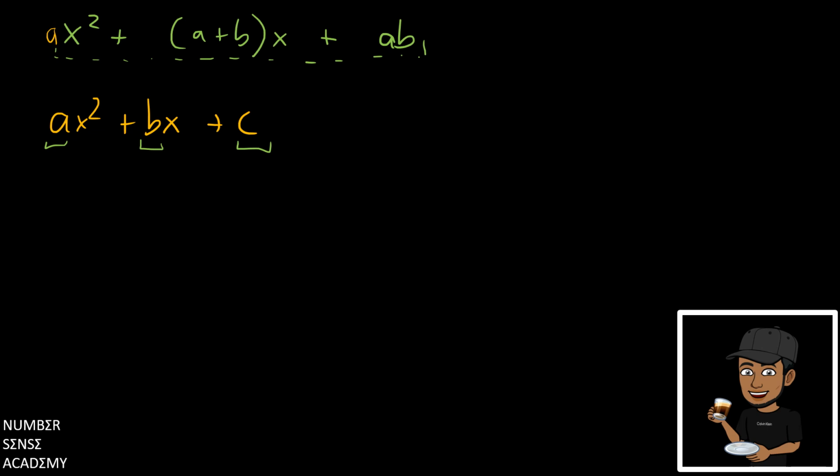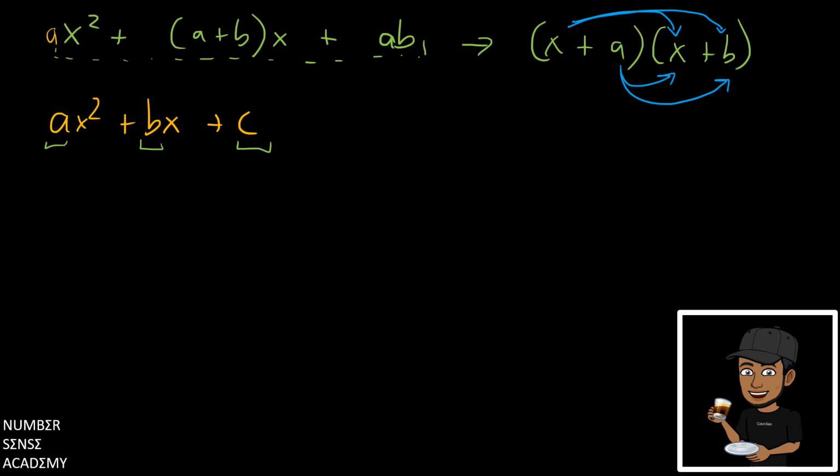And this is about factored form, okay? So actually, let me just specify. We're talking about x plus a times x plus b. Because if you were to expand this, I'm going to go x times x, x times b, a times x, and a times b.